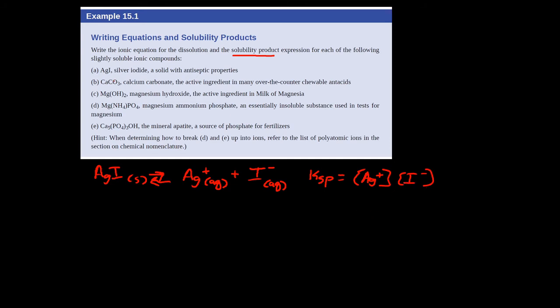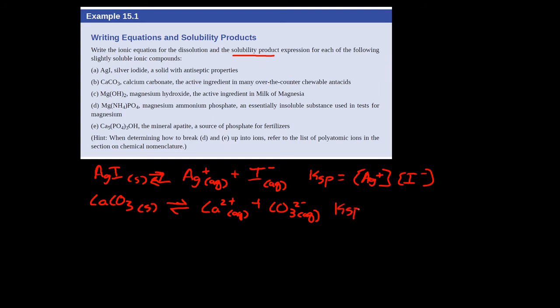So why don't you pause the video for a second and do the same thing with calcium carbonate. Okay, so with calcium carbonate, we have calcium 2 plus going into solution, and carbonate going into solution.